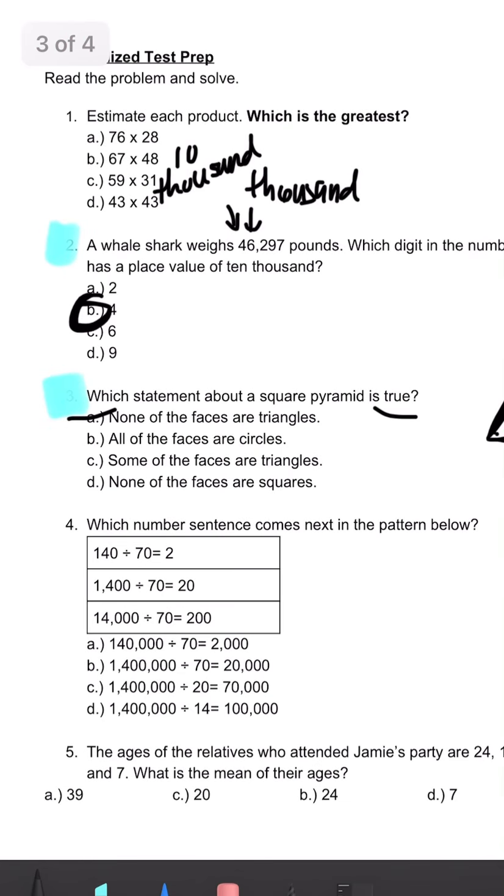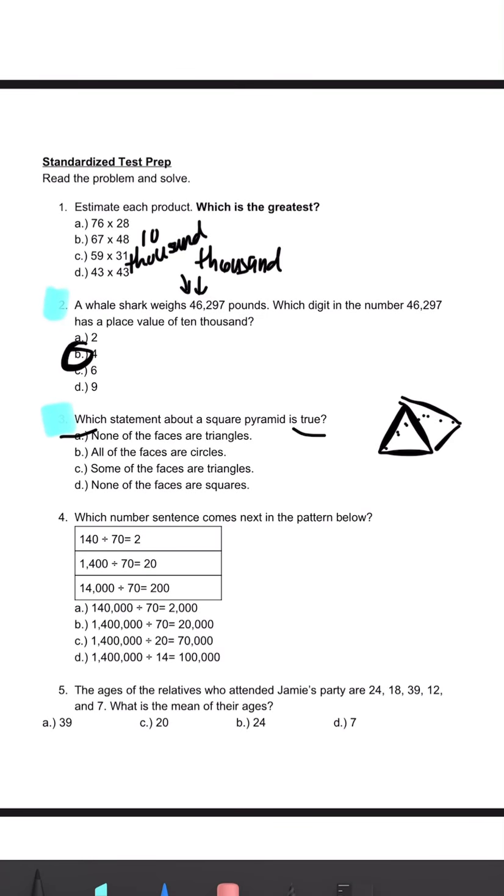B, none of the faces are circles. We see that there are no circles. C, some of the faces are triangles. Yes, some of the faces are triangles, so we'll leave that and check D just in case. None of the faces are squares. We see that the bottom is a square, so our answer will be C.